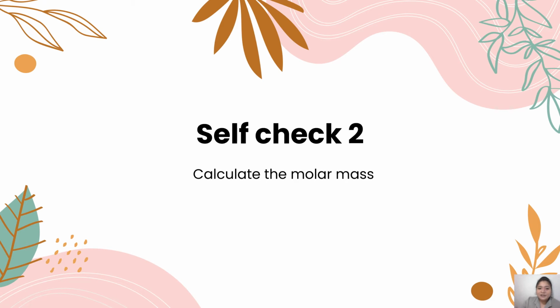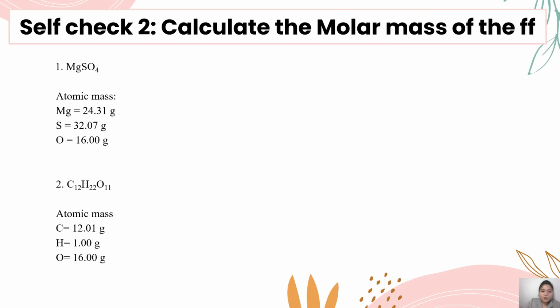Next, we have our self-check number 2, wherein you will now calculate the molar mass. Again, based on what we have discussed, there is a series of steps. So we have a total of 5 steps. In this case, you may pause our discussion, and afterwards we will proceed with the computation of self-check number 2.